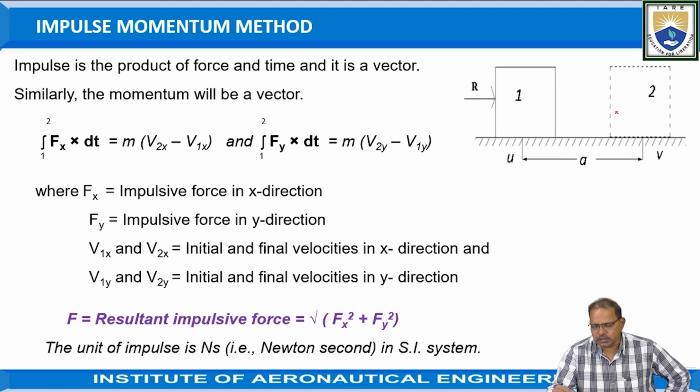Here we are considering an object that is moving from the initial position, represented as A, to the final position B, as shown in the figure.